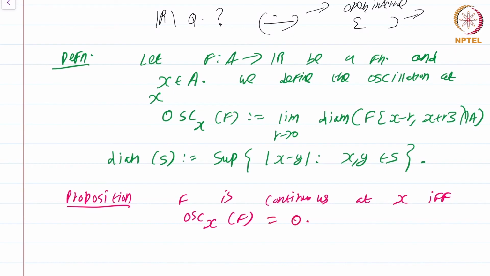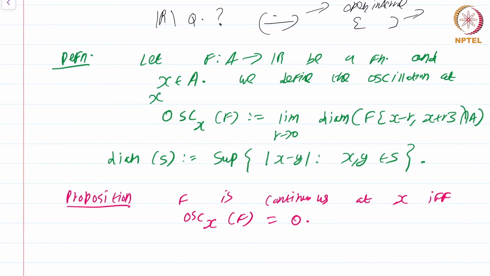So if the oscillation is 0, then the function f is continuous. If the function is continuous, then the oscillation is 0. So the oscillation measures whether the function is continuous or not, but it also quantifies how far away it is from being continuous at the point x.